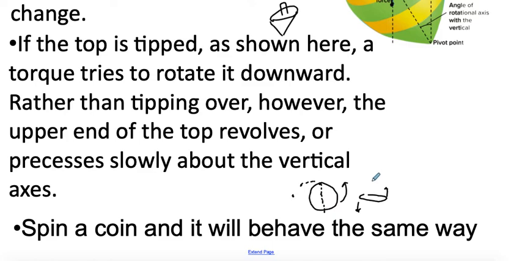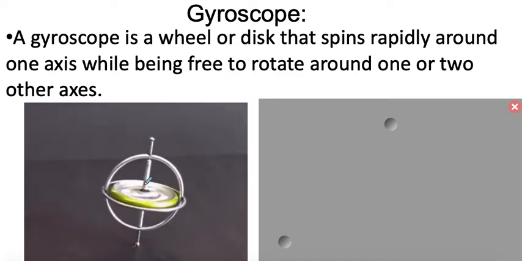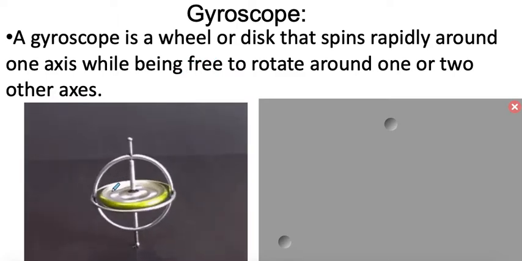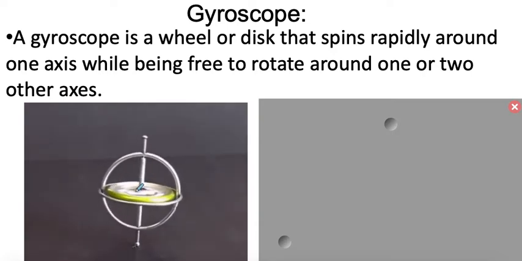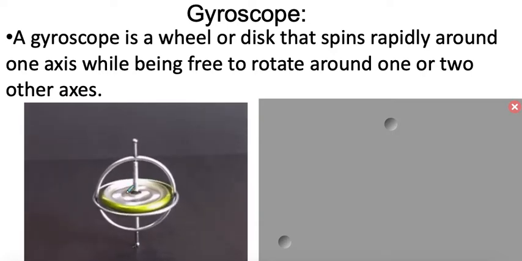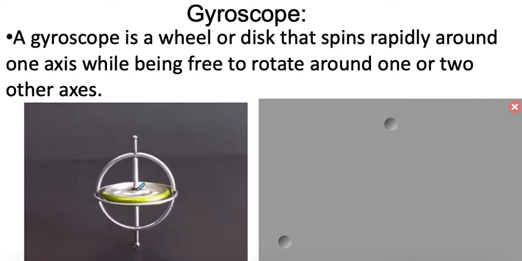Another similar idea to talk about is the gyroscope. Right here is a gyroscope, and what is happening is we have a wheel that is fixed on a central axis right there. There could be multiple wheels on here, but here we just have one.